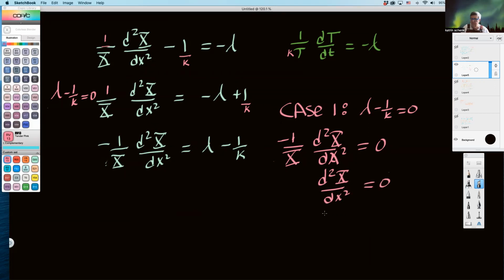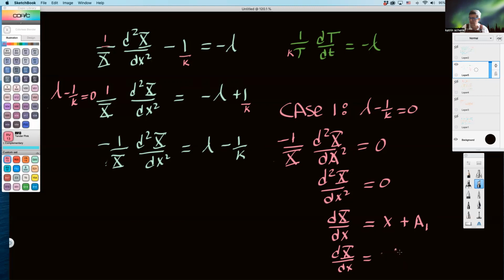Integrate one time to get dX d little x is equal to x, and then plus a constant. I'm going to call that a1. Integrate one more time, d big X dx is equal to x times a2.